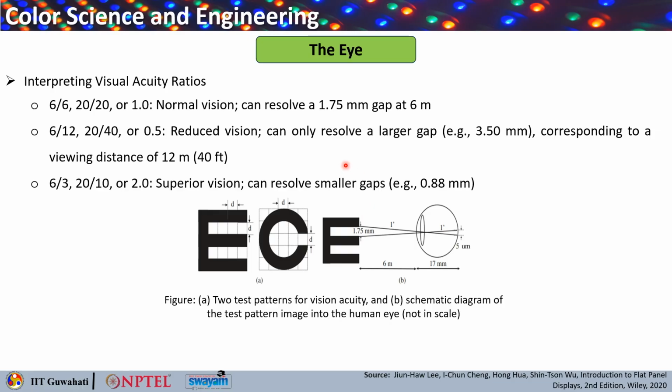That means that person can only resolve a larger gap, which is double than this one, that is 3.5, corresponding to a viewing distance of around 12 meter or 40 feet. Okay. If somebody has 6:3, that means the acuity ratio is 2.0. It means that person has a superior vision and can resolve much smaller gap, half of this one, from a distance of 6 meter, right.